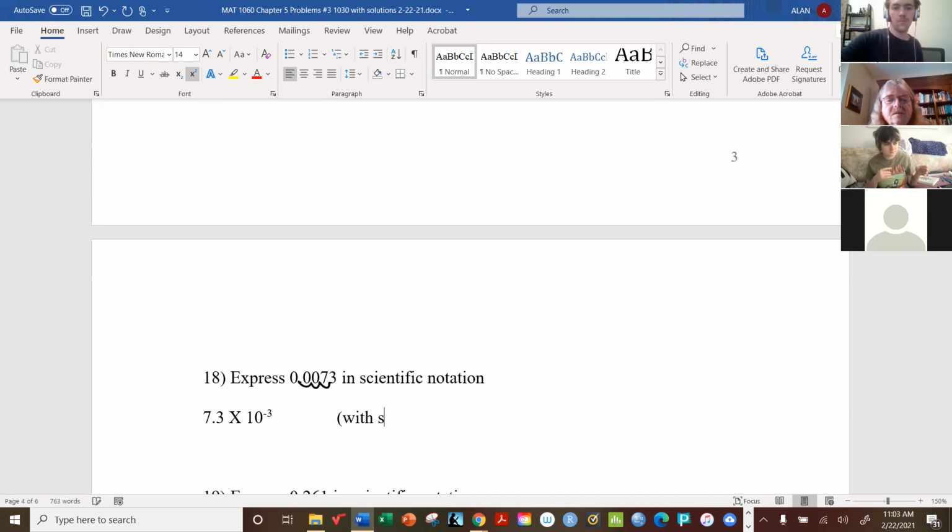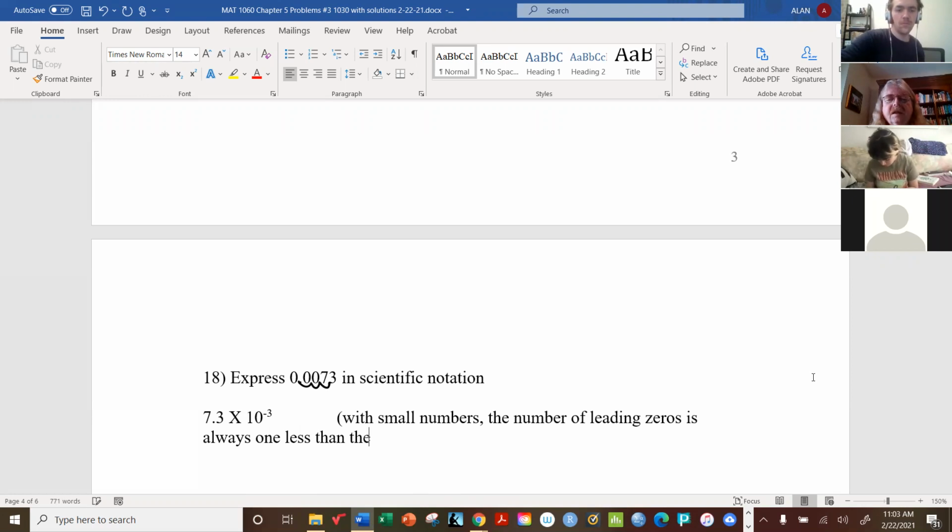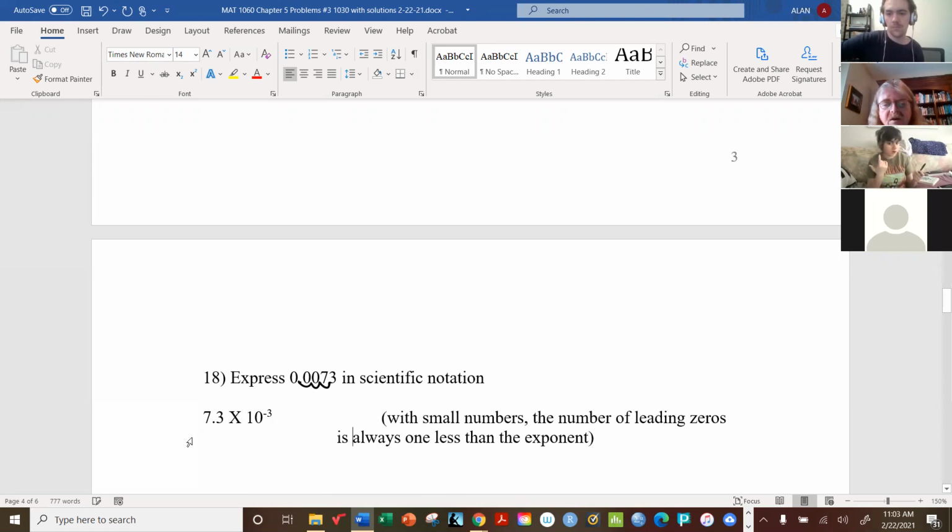With small numbers, the number of leading zeros, which are the zeros after the decimal point before we get to the first non-zero digit, is always one less than the exponent. So here, for example, if we have 2 leading zeros, then that exponent has to be a 3. It's -3, but it's still a 3.